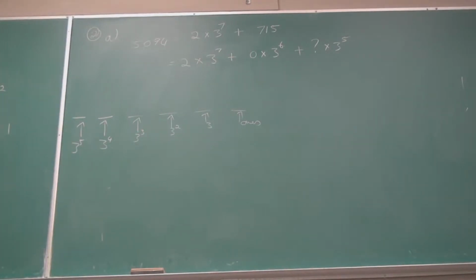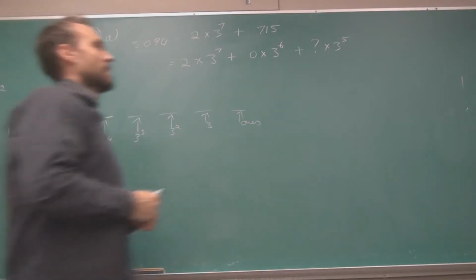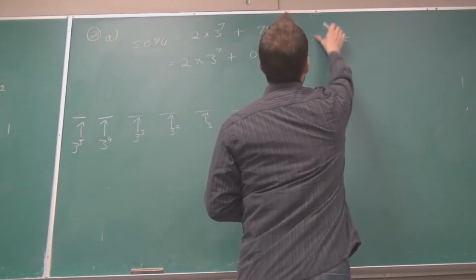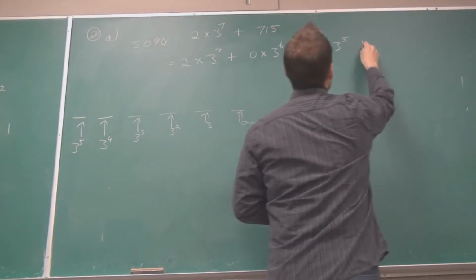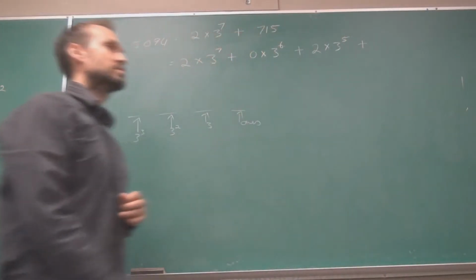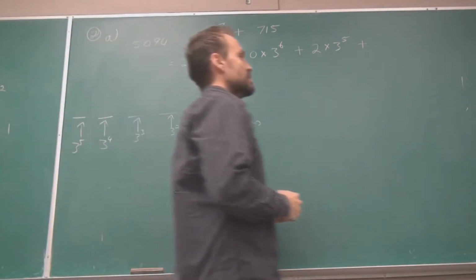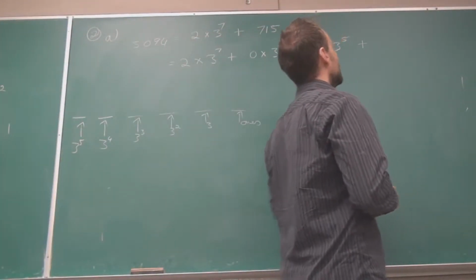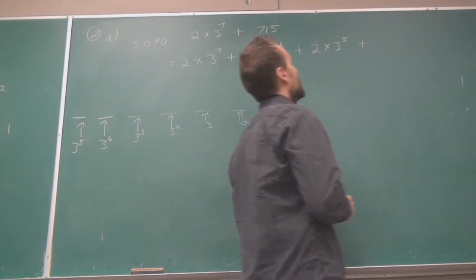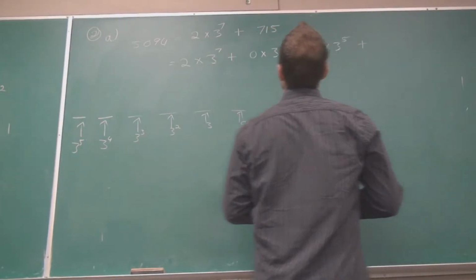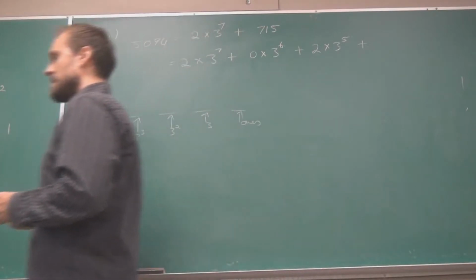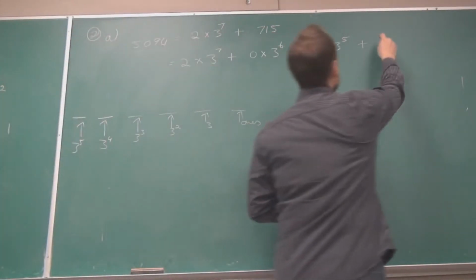How many times does 3 to the 5 fit into 715? 2 times. And how much do I have left over? 229.